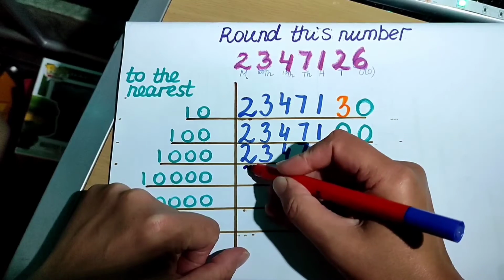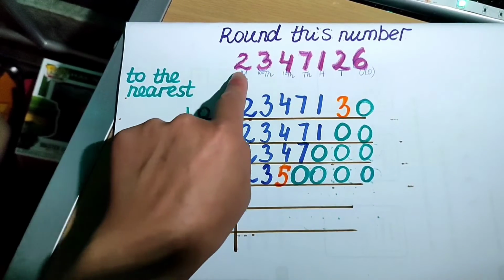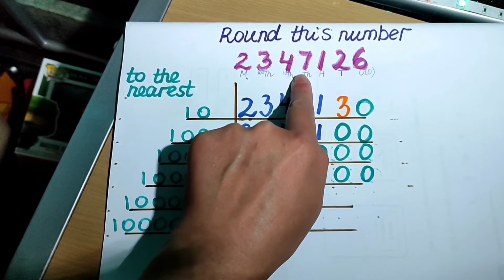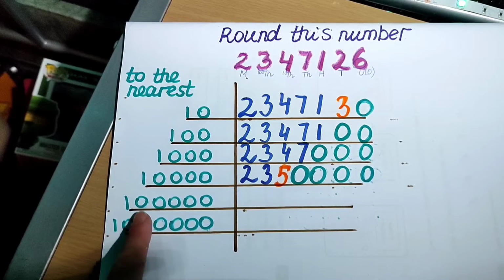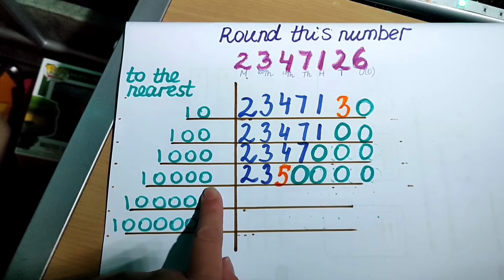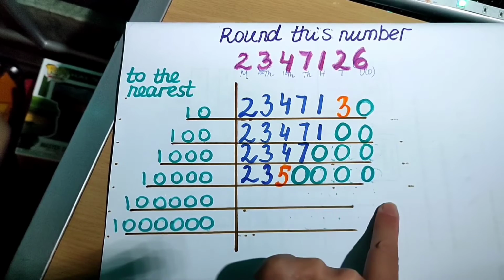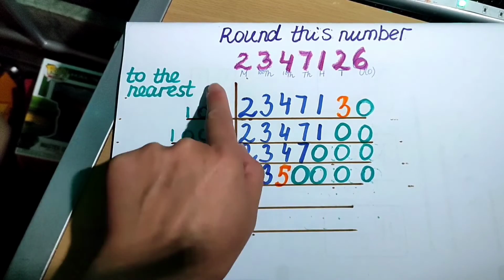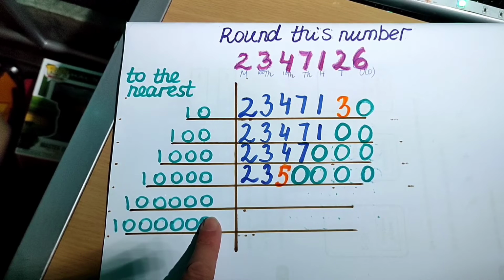And these numbers stay the same. Okay, so 2,347,126 rounded to the nearest 10,000 is 2,350,000.